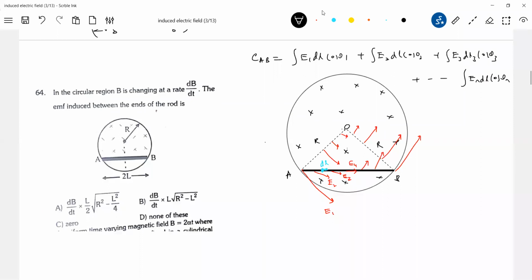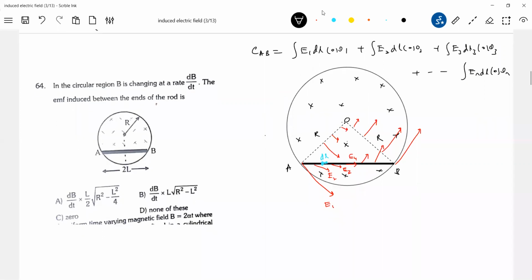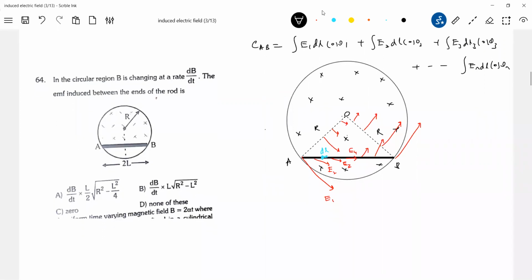I'll find out the total EMF induced in the loop, and since EMF induced is proportional to length, I'll get the same thing. So what is the EMF induced in the total triangle OABO? This should be equal to EOA plus EAB plus EOB. Now what are EOA and EOB? This will be 0.